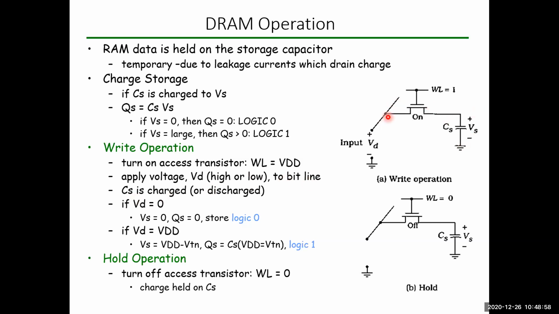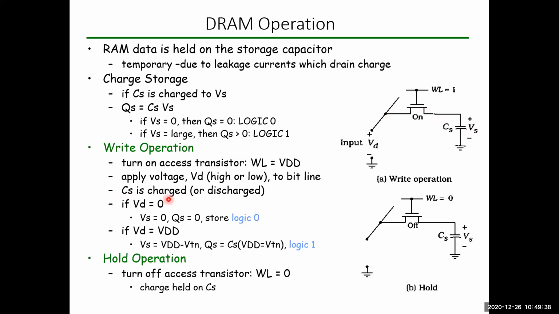Since leakage of charge is taking place, this particular node will be much greater than the charge stored in the capacitor. So again a potential difference is created between these two terminals. Because of that difference in potential, and since a path is already created because WL equal to 1 turned the transistor on, the potential will move from the bit line to the capacitor, and that's how the writing of data takes place in this 1T DRAM cell.